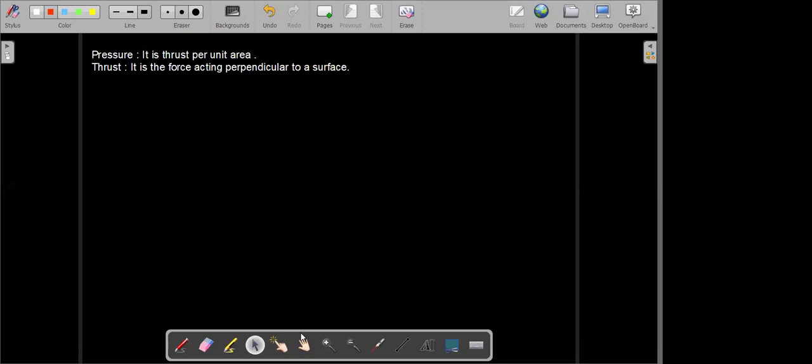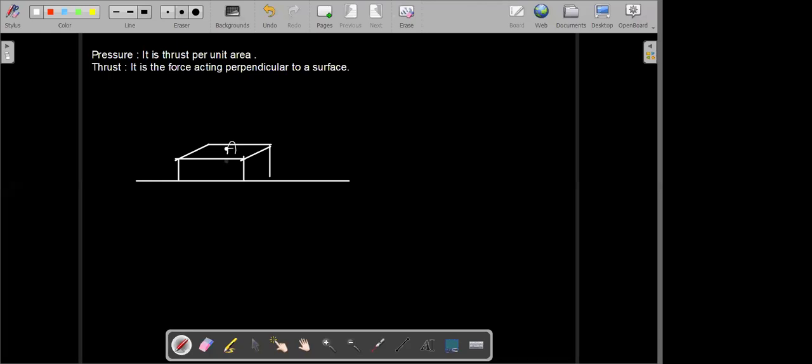So try to understand this here with the diagram. So suppose here I have a block, and let us suppose it has an area A. So suppose the area of the block is A, and here some force is being applied.